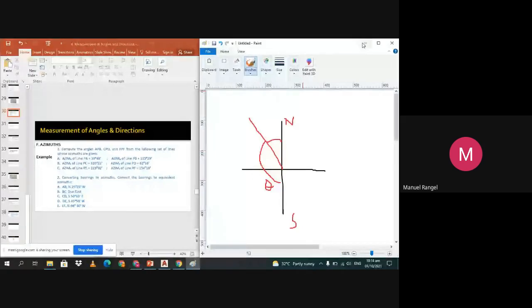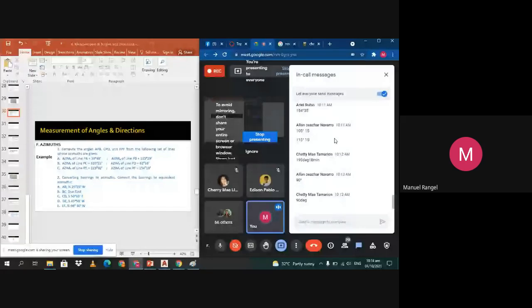Okay, for letter C, CD, south 50 degrees 10 minutes east. What is the azimuth from north and from south?